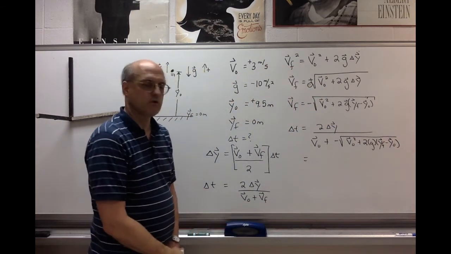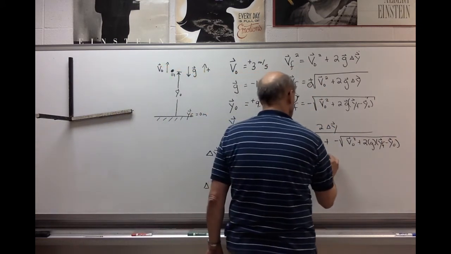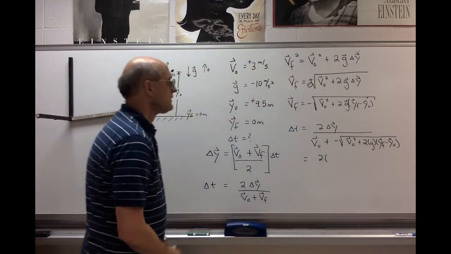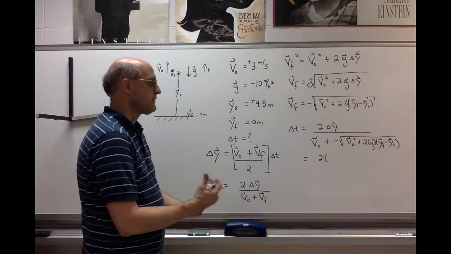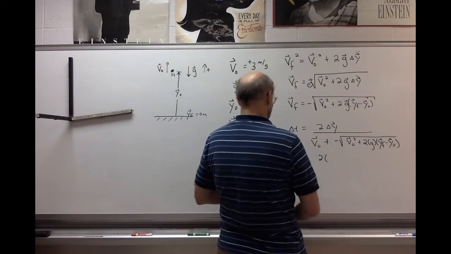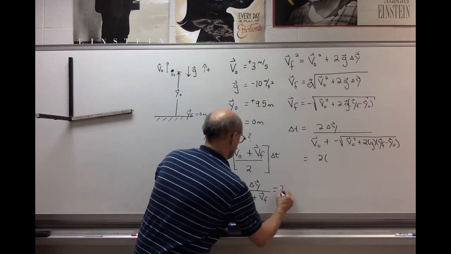And now I can put in the values. So I have 2 times delta y, which is yf minus yo.